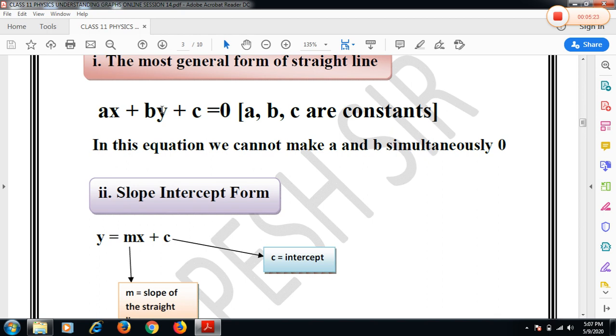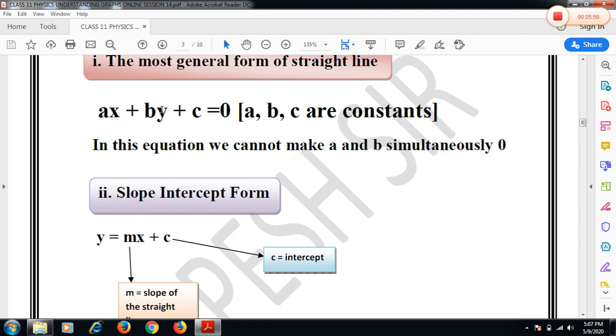So it represents a straight line parallel to the y-axis at a distance of minus c by a. But if we make a and b both 0 simultaneously, it will just represent c equals 0, which is not the equation of a straight line, right?